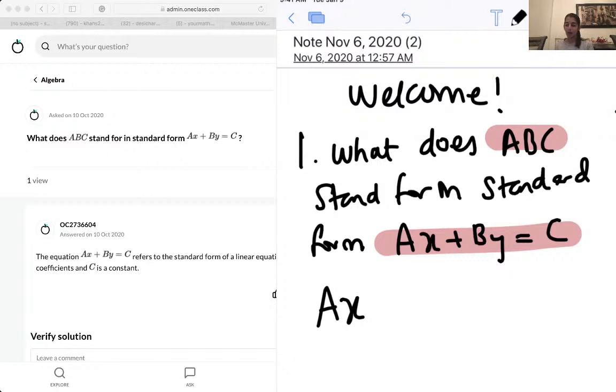We can see that because it looks like a linear equation, and if you don't know, the equation of a line is y equals mx plus b. It looks quite like that. So A is being multiplied by x, and x is a variable. Anything that is being multiplied by a variable, in front of it or behind it, is called a coefficient. So in this case, A is a coefficient.